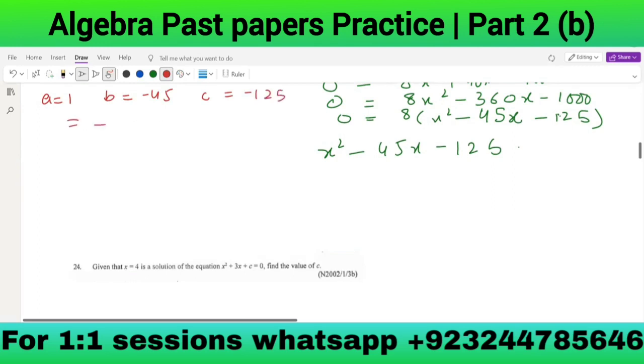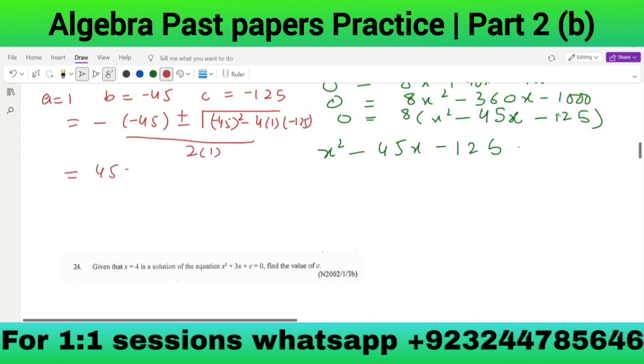So we have minus b plus minus square root of b squared minus 4ac, divided by 2a. So we have 45 plus minus.